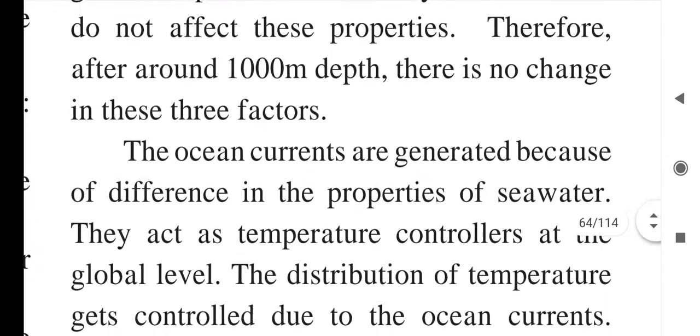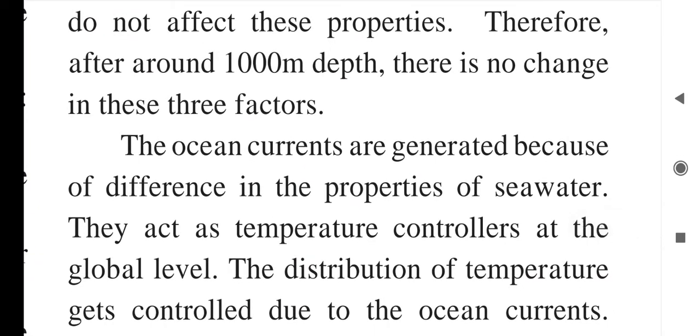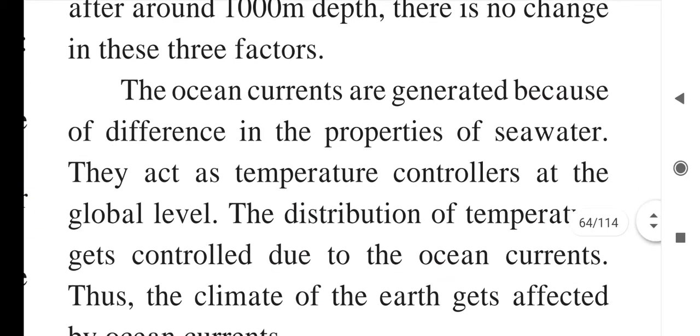The ocean currents are generated because of the differences in the properties of the sea water. They act as temperature controls at the global level. The distribution of the temperature gets controlled due to the ocean currents.